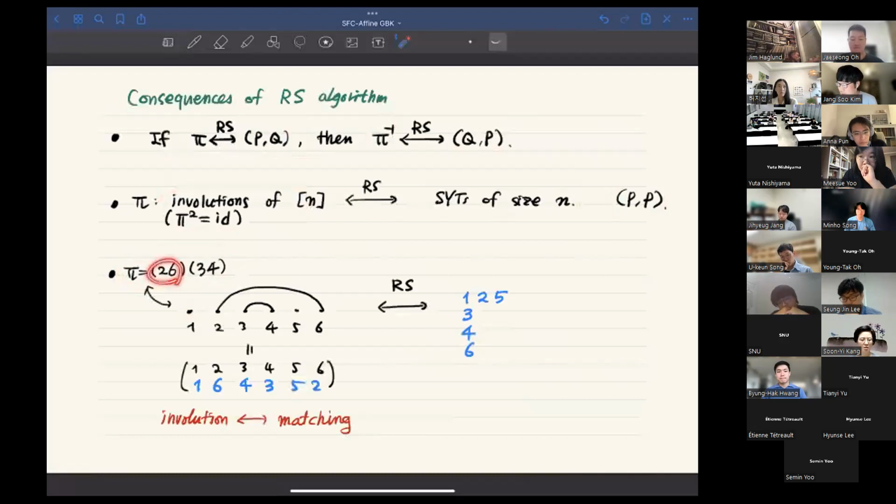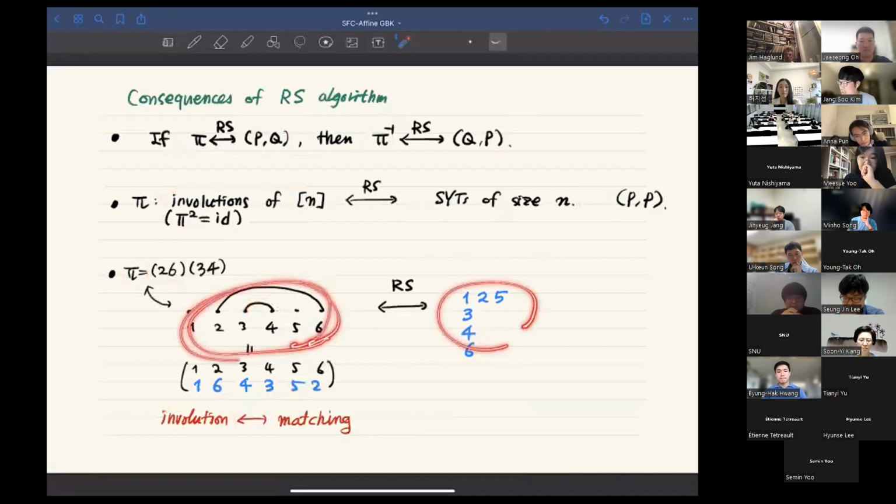And if (2, 6) is a 2-cycle, we connect the two dots like this. And this is the permutation in the two-line notation written in this way. So an involution is really a matching if you look at this bijection. So the RS correspondence can be seen as a bijection between involutions, or matchings, and standard Young tableau of size n.